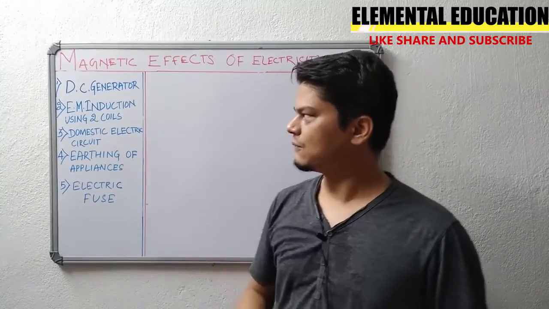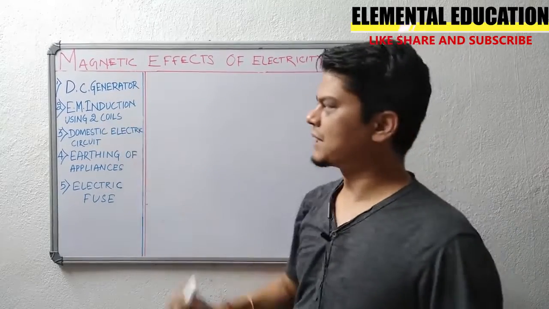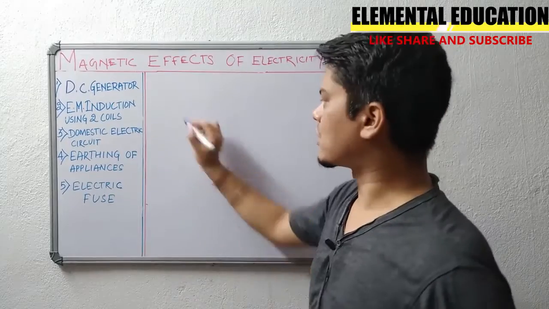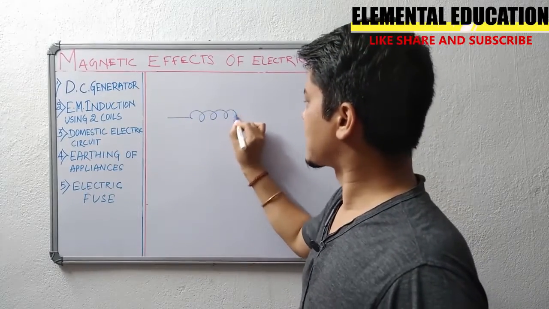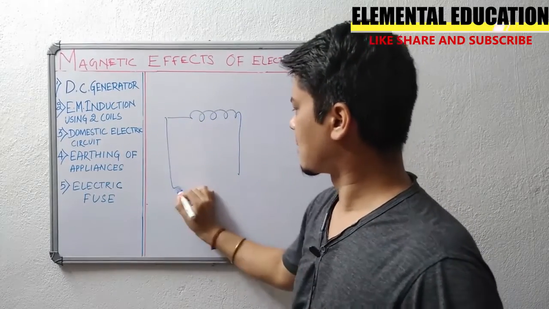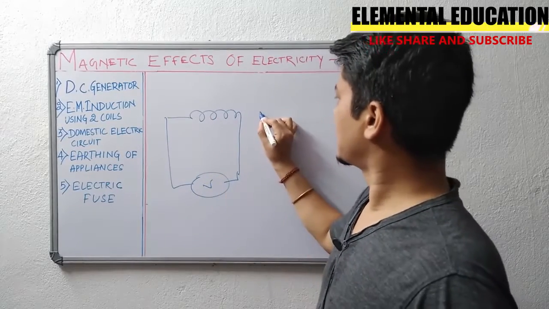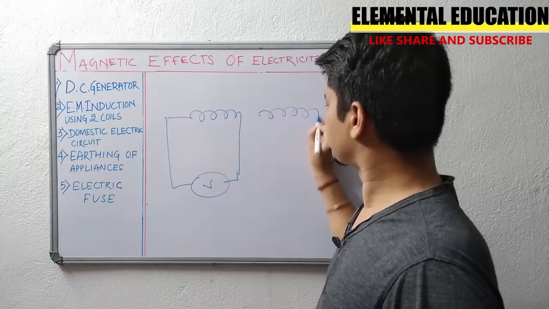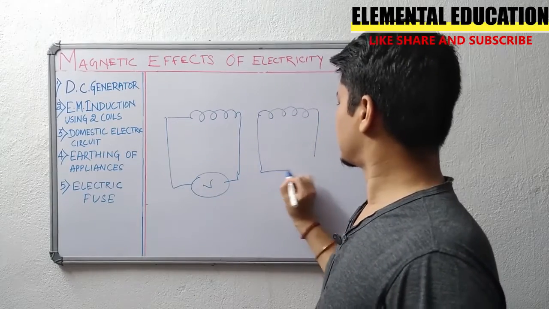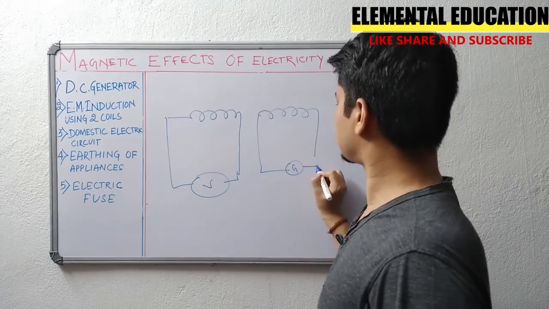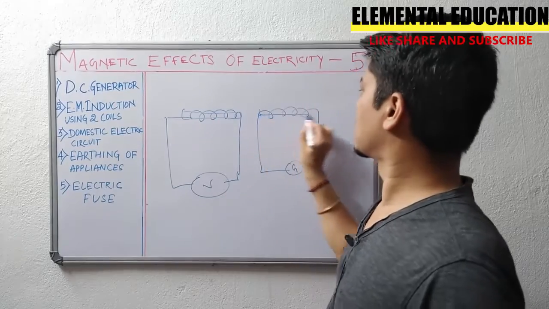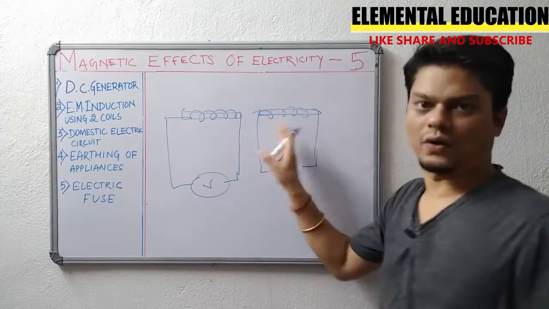So let's continue with this topic, electromagnetic induction using two coils. Here I am using a single coil connected to a voltage source, and there is another coil which I am connecting to a galvanometer. There is a soft iron core in this coil.